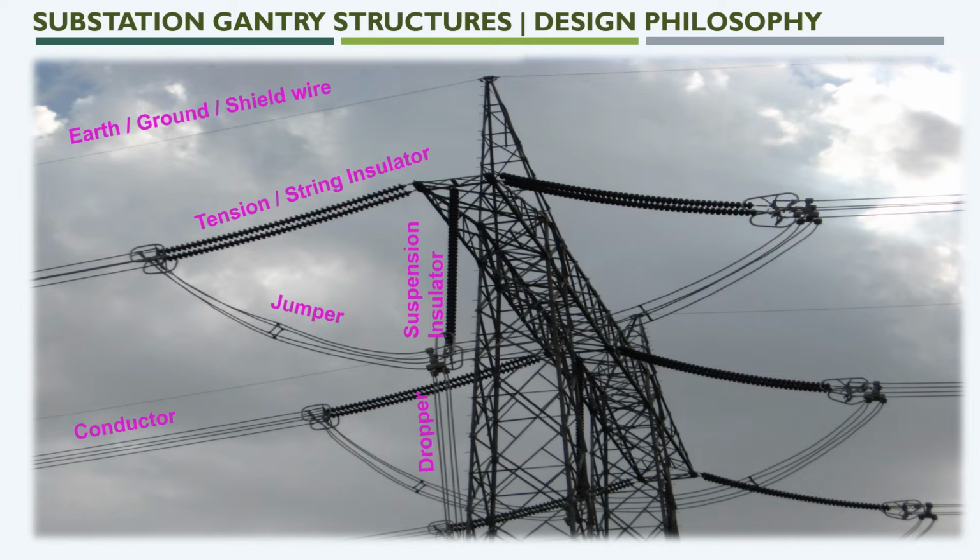Sometimes we can also connect a single insulator with a twin conductor, that is, double conductors. In some cases 2 tension insulators are required to connect the quad, that is 4 conductors. So it depends upon the insulator capacity to hold the tension applied in the conductor.